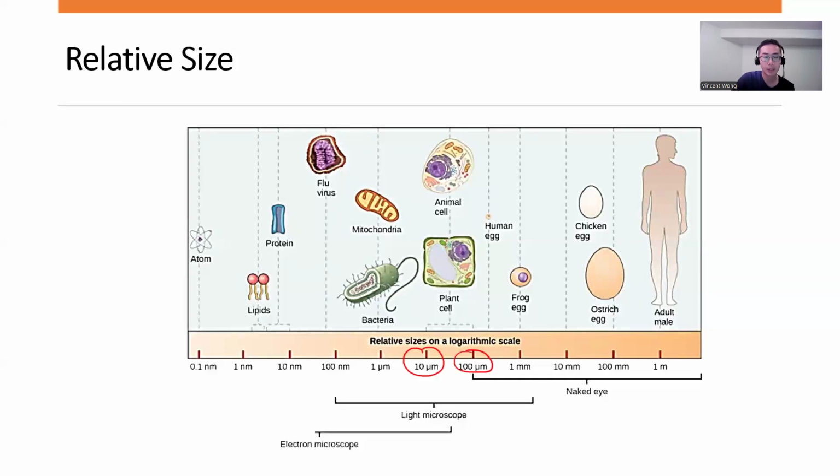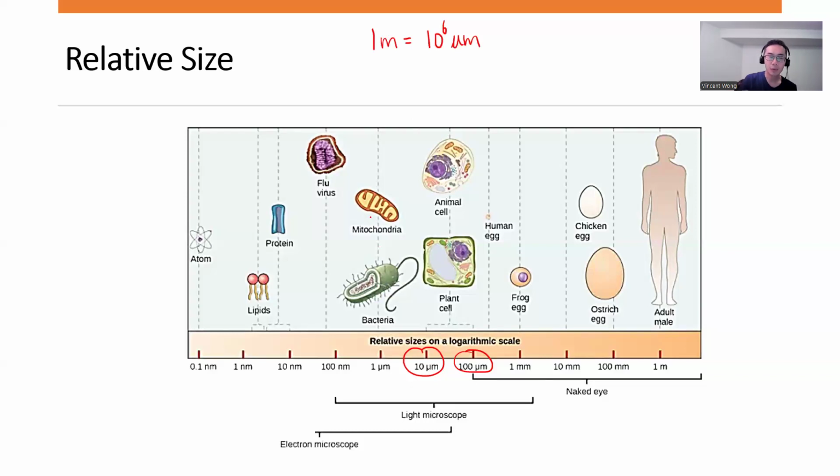Some cells are bigger than others. Plant cells might be bigger than animal cells, for example. And in case you forgot, 1 meter is equivalent to 1,000,000 micrometers. Okay, so that's the range for measurement for cells.